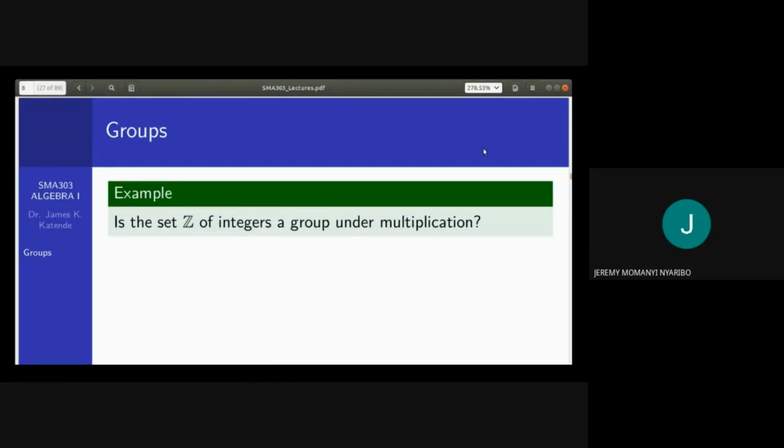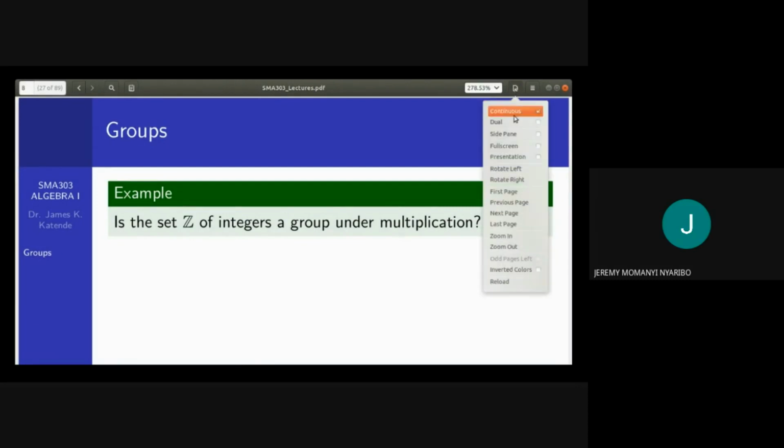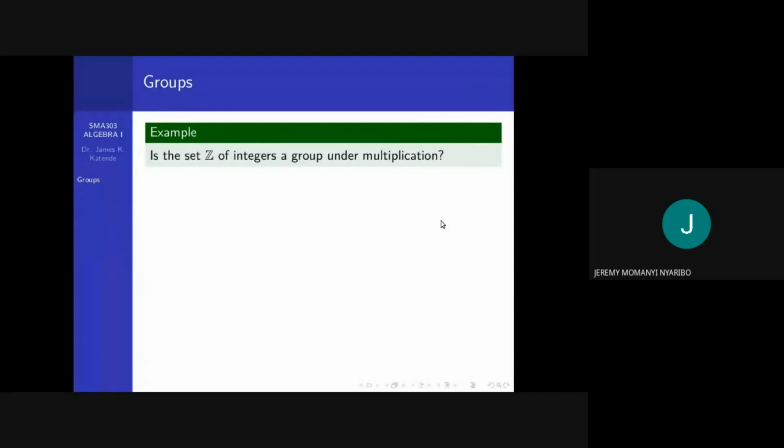I think it does not form a group under multiplication because some elements might lack the inverse under multiplication.